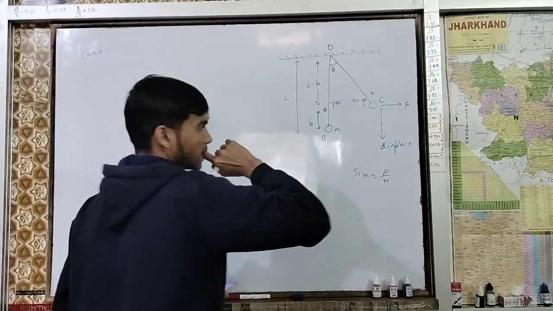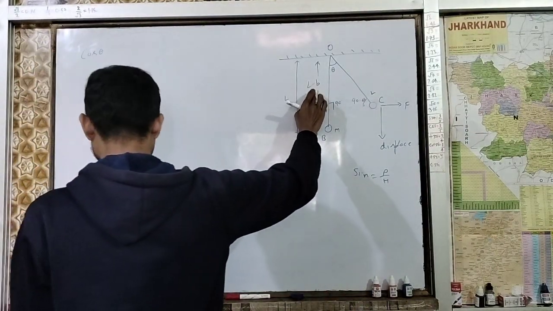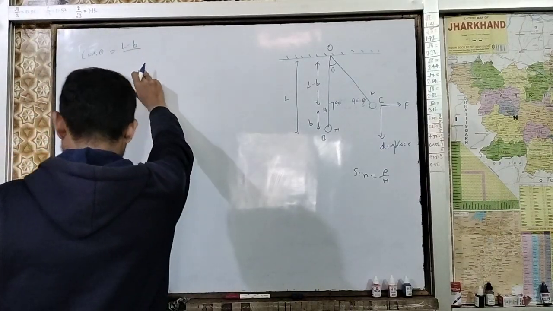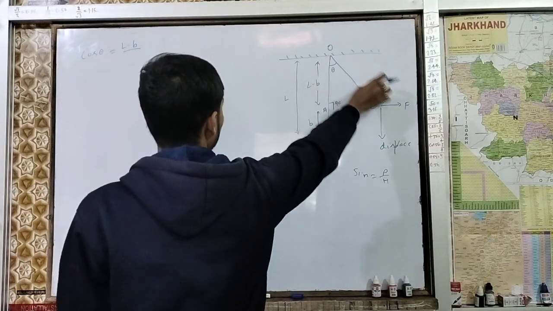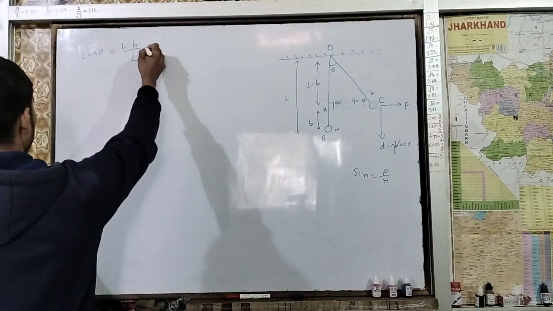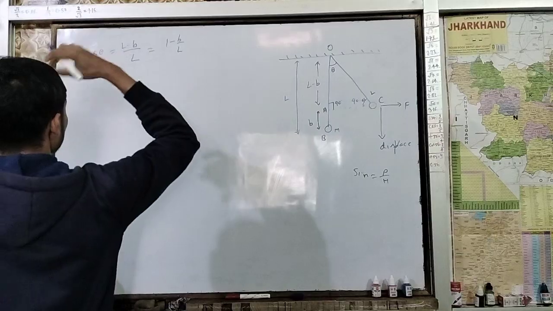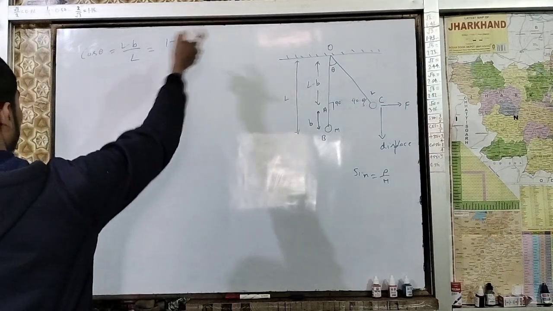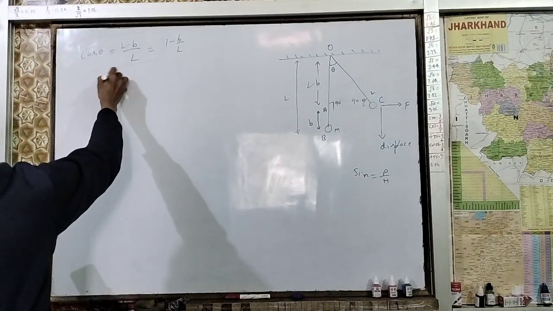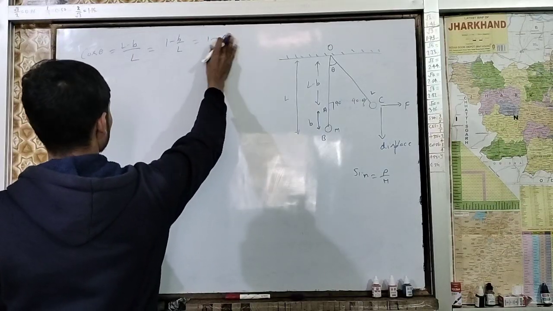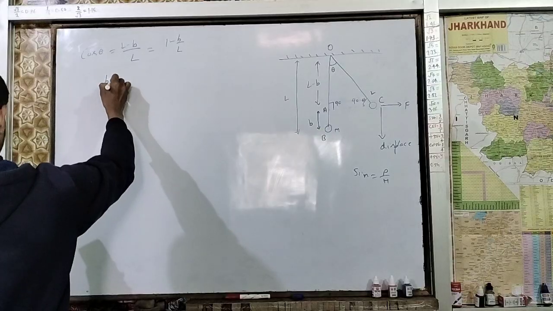Here we have b by h, so that is L minus b upon h, and h is L. If you simplify this, you will get 1 minus b upon L. If you simplify it further, then your value will be 1 minus cos theta. Or you can say b upon L will be equal to 1 minus cos theta.